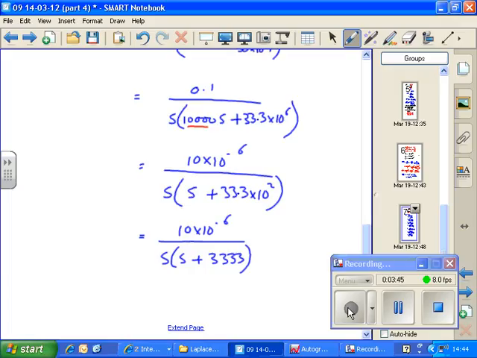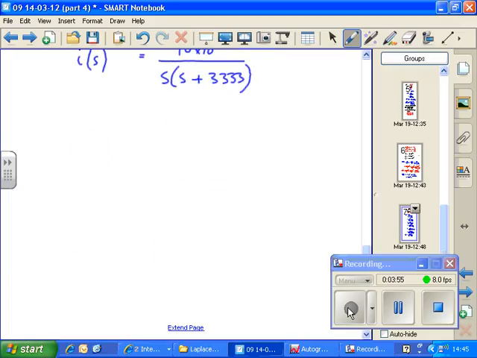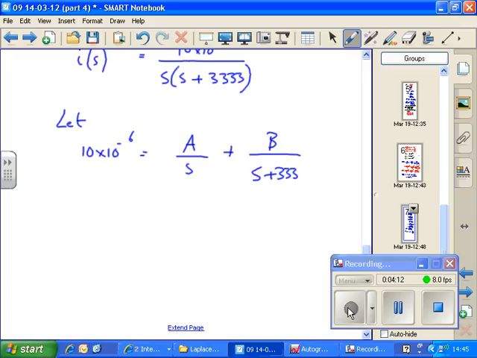Carrying on from there, remember now this is a term for I in S space. We can then divide this up and use partial fractions to come up with an expression for I(S). So let 10 times 10 to the minus 6 over S into S plus 3,333 equal A over S plus B over S plus 3,333.